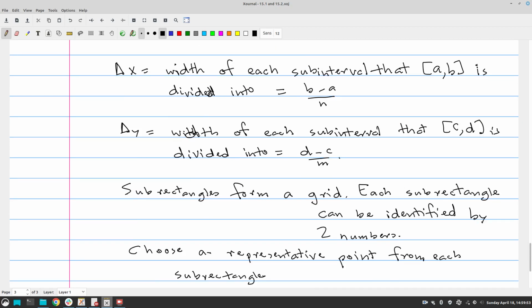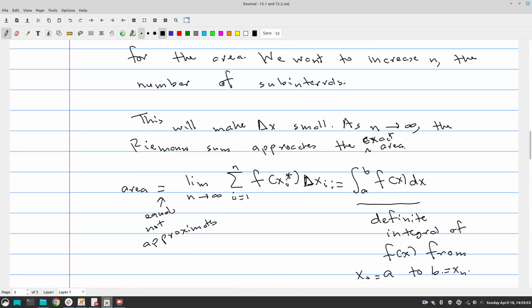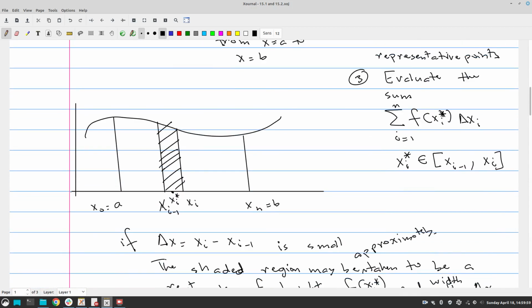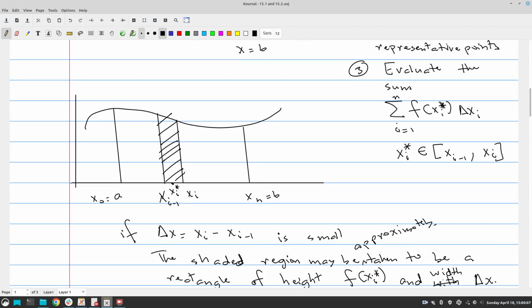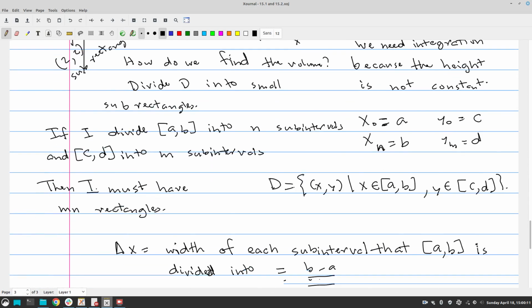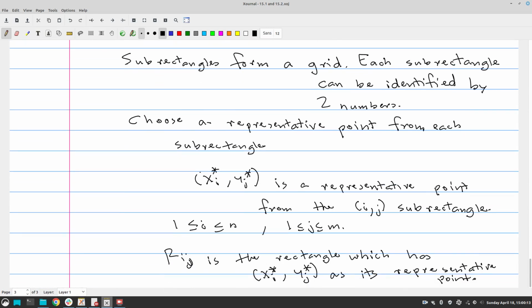Now notice that when we're doing Riemann sums in single variable calculus, we had representative points of only one variable. Now we have representative points with two variables, xi star, yj star.